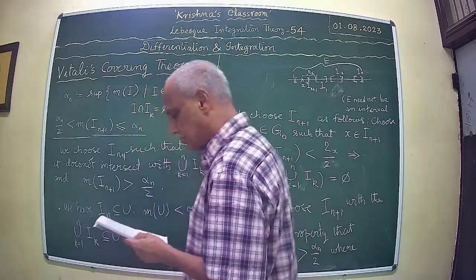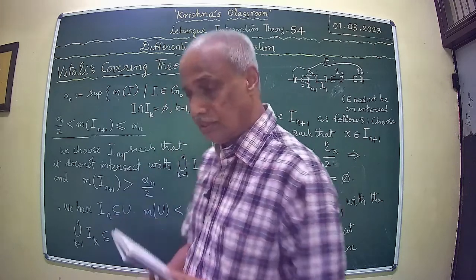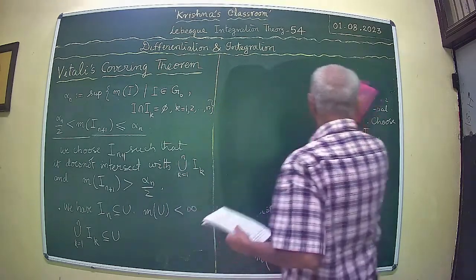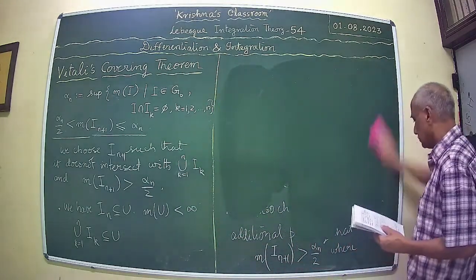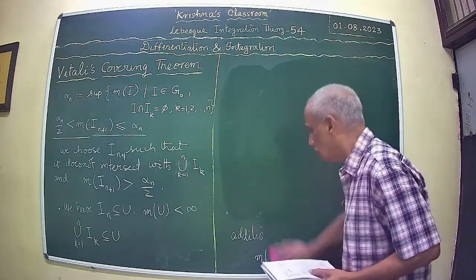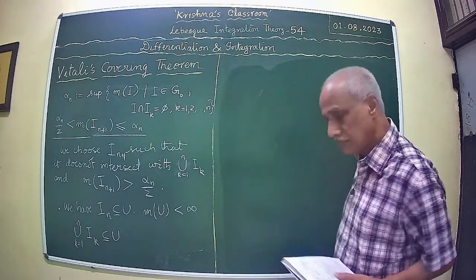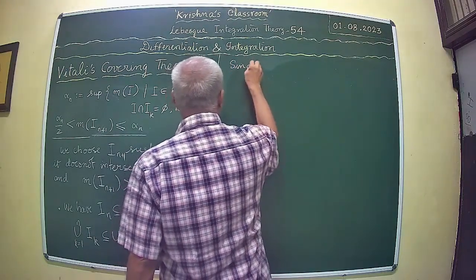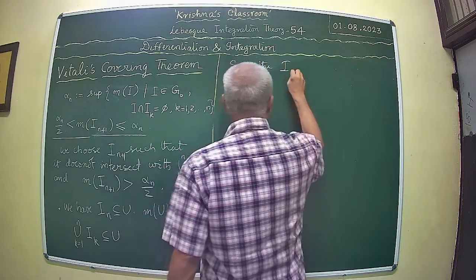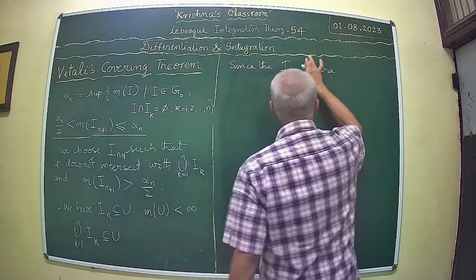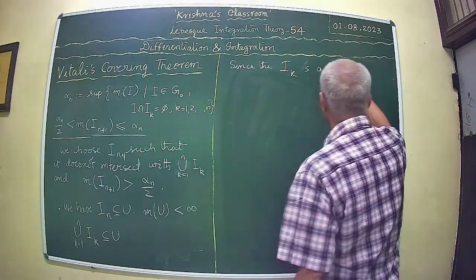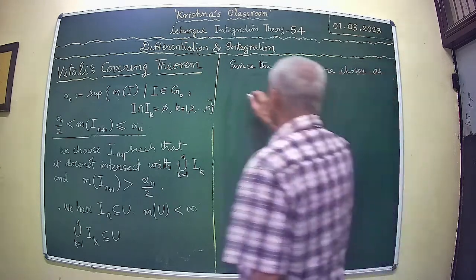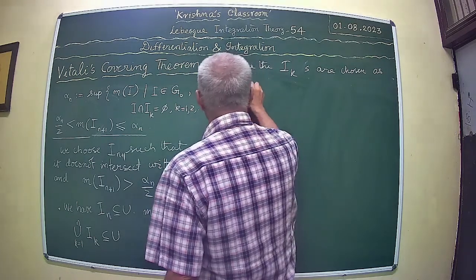Therefore you have the following property, namely the I_k's are disjoint closed intervals.